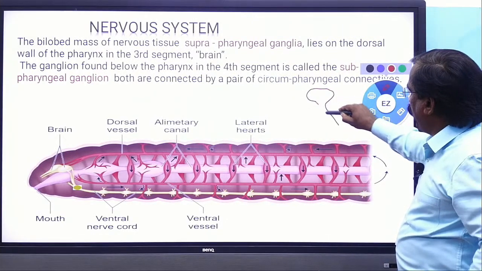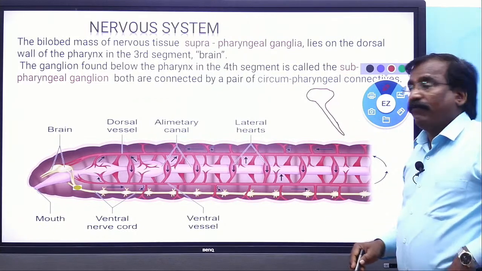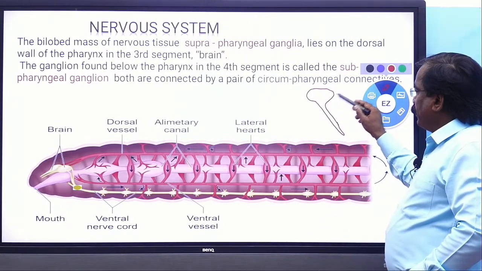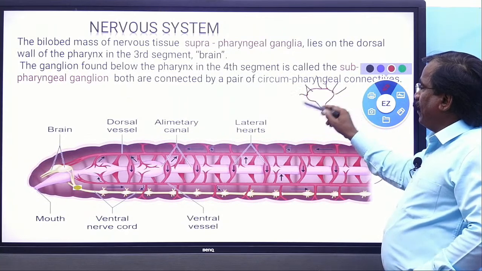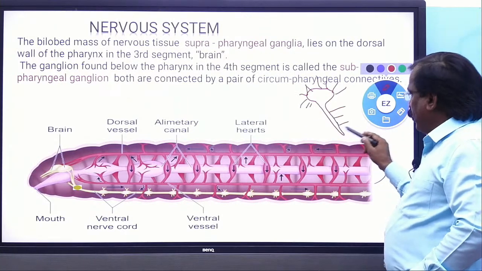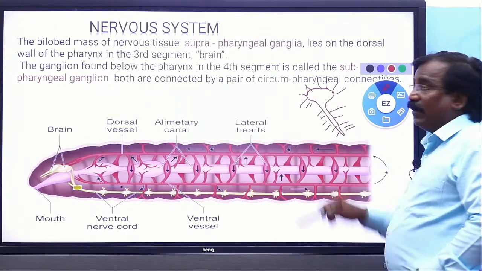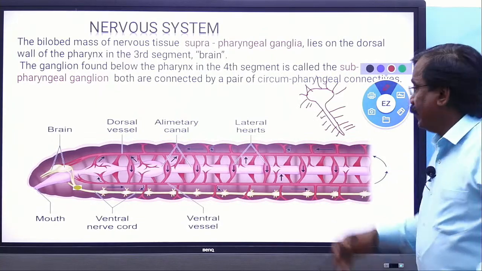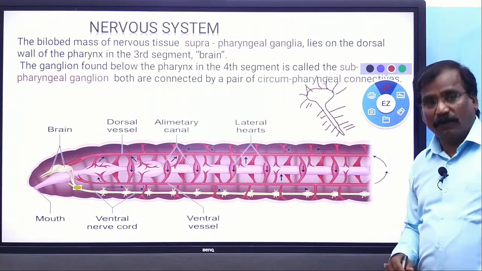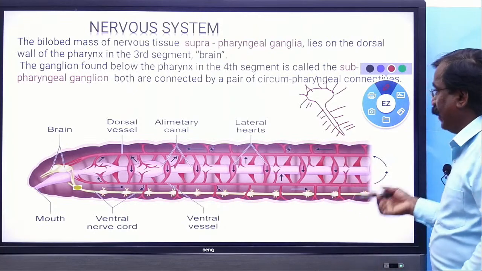From the brain, the spinal cord runs, cranial nerves arise from the brain, and spinal nerves arise from the spinal cord, distributed to all the parts to regulate the various activities.